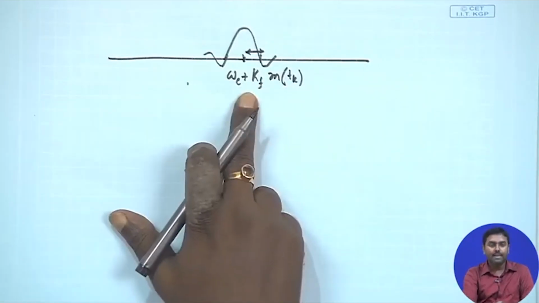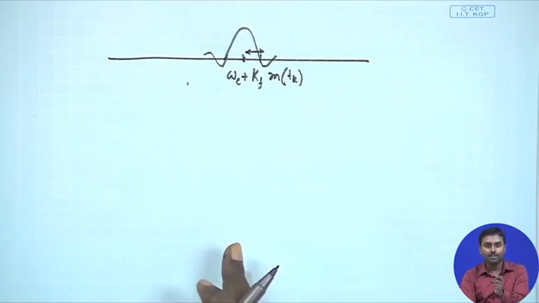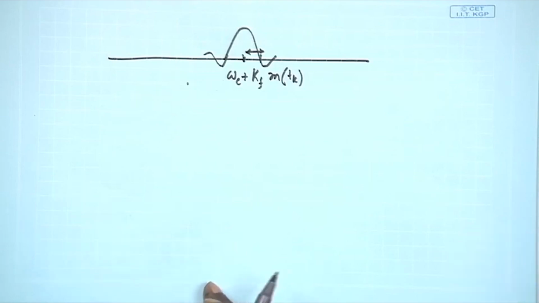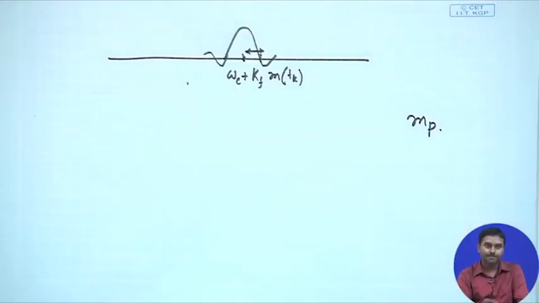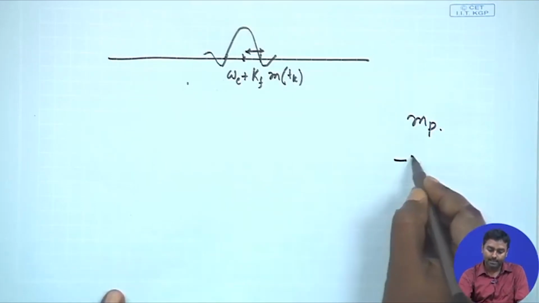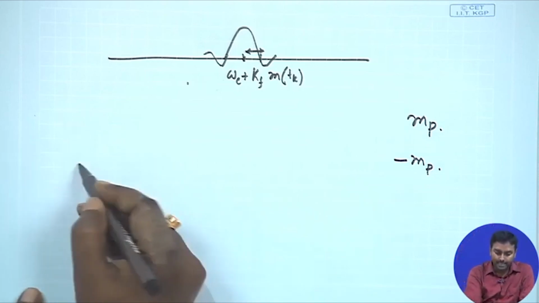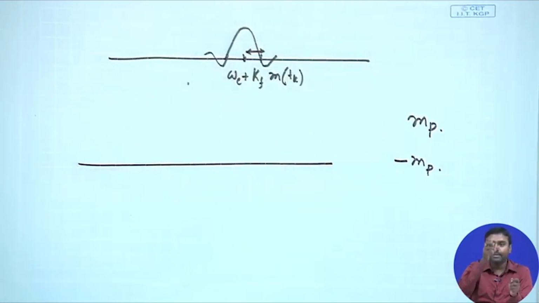What is the maximum that I can get over this center frequency? That should be the maximum voltage that the signal can get, let us call that mp, and the minimum voltage, let us call that minus mp. So the overall signal just swings up to a maximum of mp and a minimum of minus mp. If that is the case, this entire frequency domain will be populated with many of these sinc functions, at every impulse a corresponding sinc.